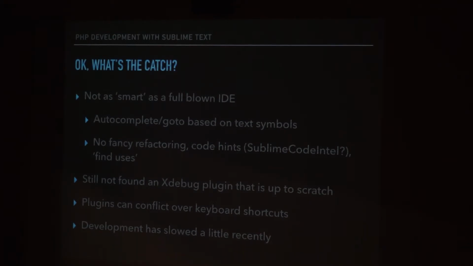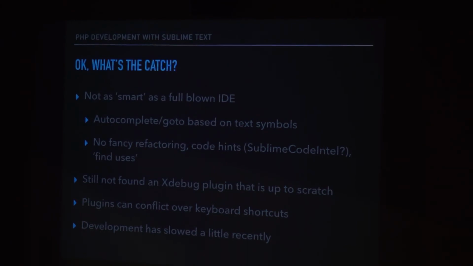It's definitely not as smart as one of those full-blown IDEs that are doing, as I say, heavy code analysis and stuff. As I mentioned, the autocomplete and the go-to definitions are all based on text symbols, which works a lot of the time.